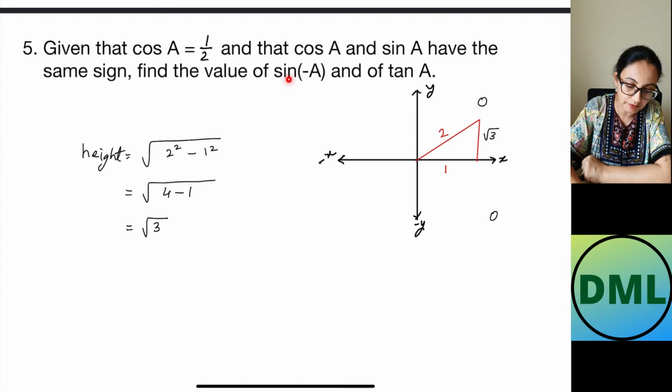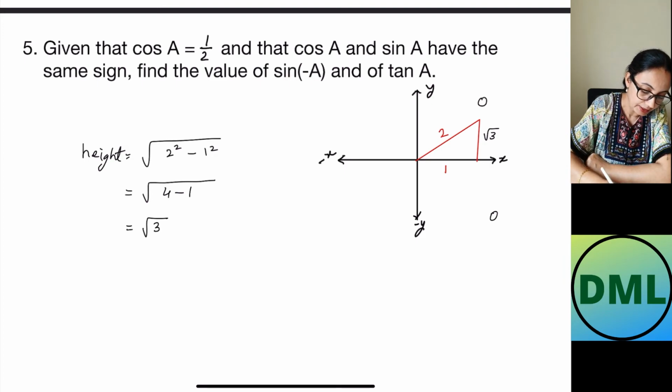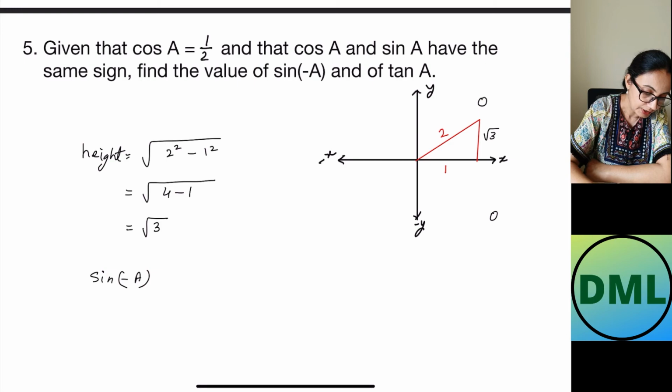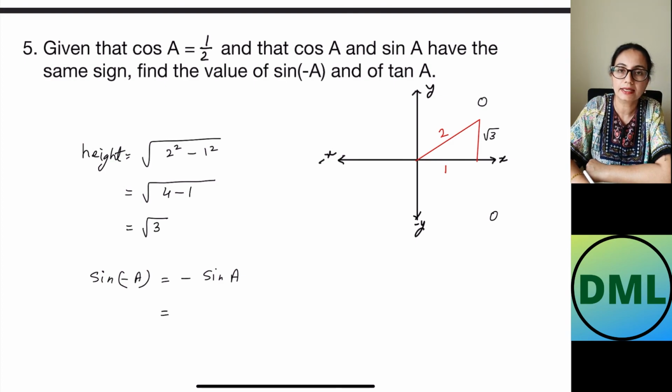I need to write down the value for sin negative A. As we have discussed earlier, negative angles are considered in the fourth quadrant. In the fourth quadrant, cos theta is positive but sin theta is negative. Let's write down the value as negative sin A. I need to write down the value for sin A. Sin A is opposite over hypotenuse.